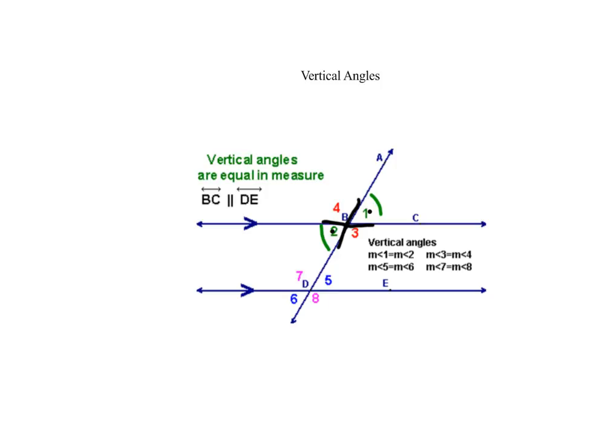So those two are going to be congruent. Same thing's true about 3 and 4. They're on the opposite sides of this x. And down here we've got a similar x, and we can say 7 and 8 are going to be congruent, and 5 and 6 are going to be congruent, and those are called, again, vertical angles.